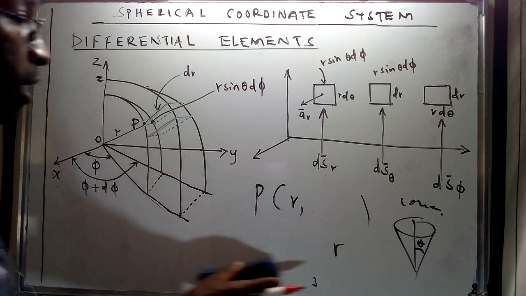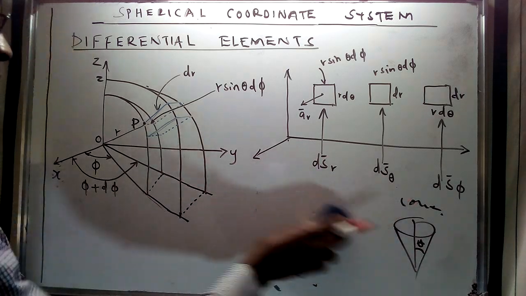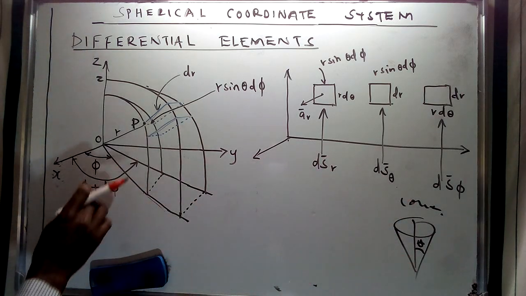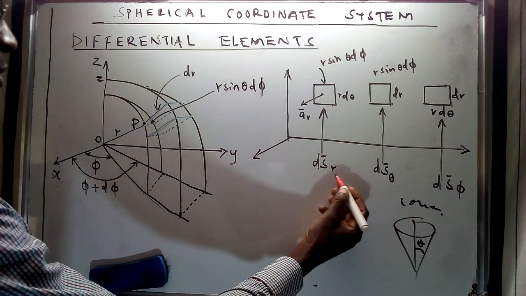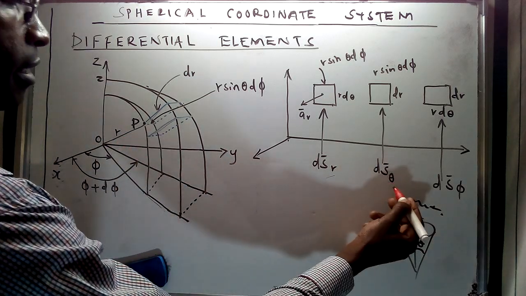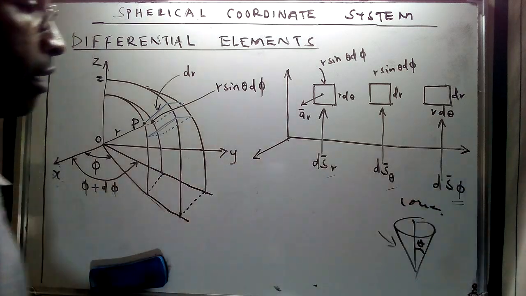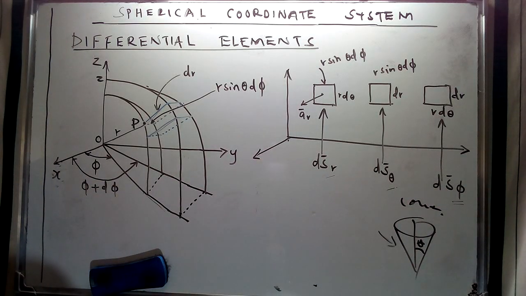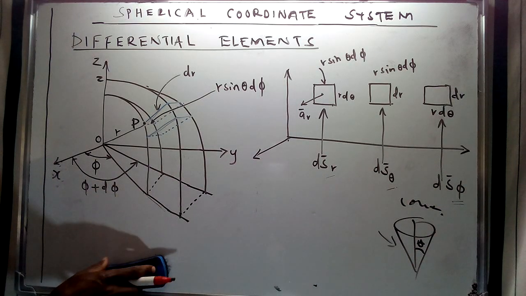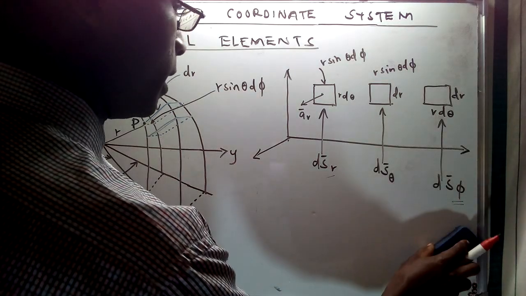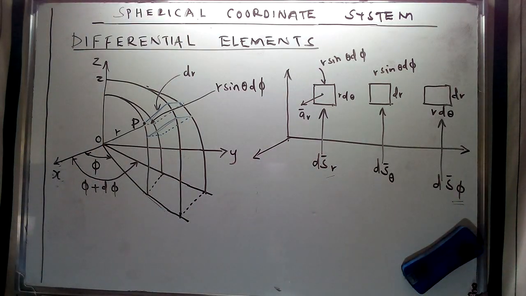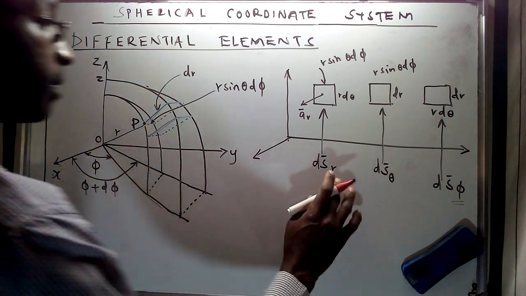So apart from that, we also said that we're going to have this specific range. We've talked about the radius, the theta, which is a part of the cone, and then of course the angle phi given as such. So we can describe the various surface elements of this specific increment in terms of these three surfaces.